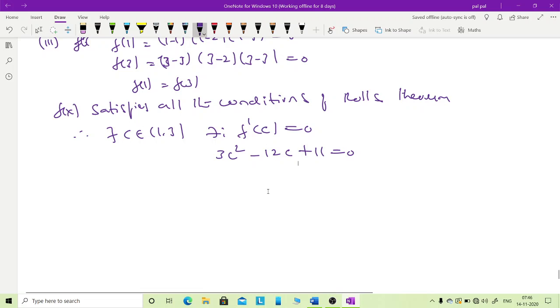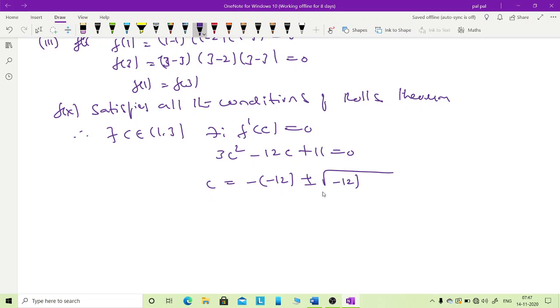So better to use the formula: c is equal to minus b plus or minus square root of b square minus 4ac, divided by 2a. Here c is equal to minus of minus 12 plus or minus square root of minus 12 whole square minus 4ac, divided by 2 into 3.